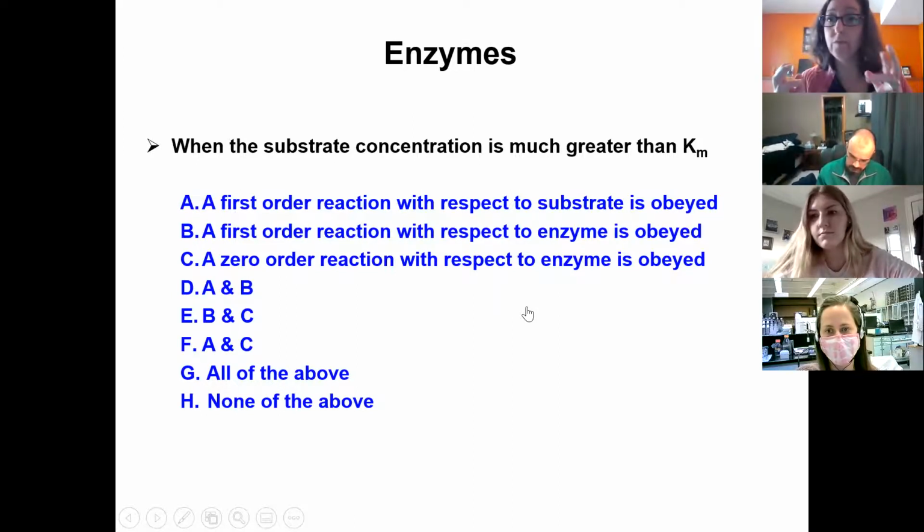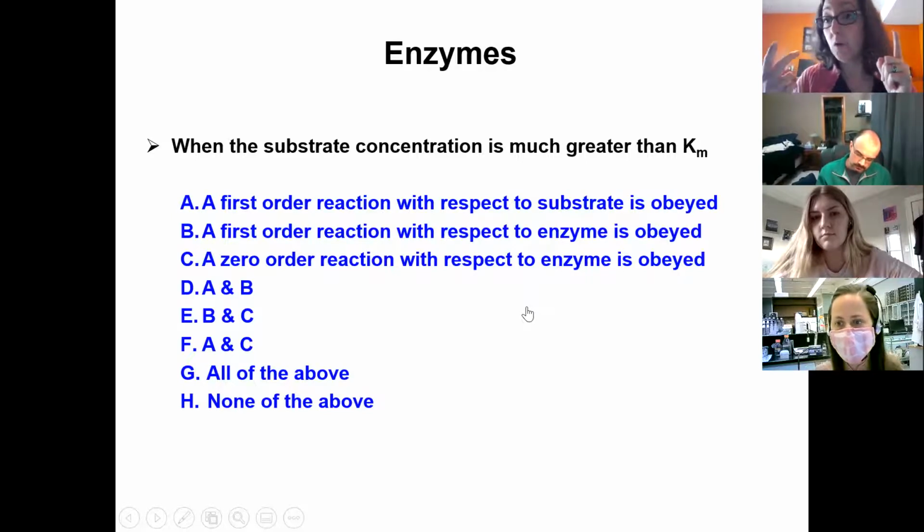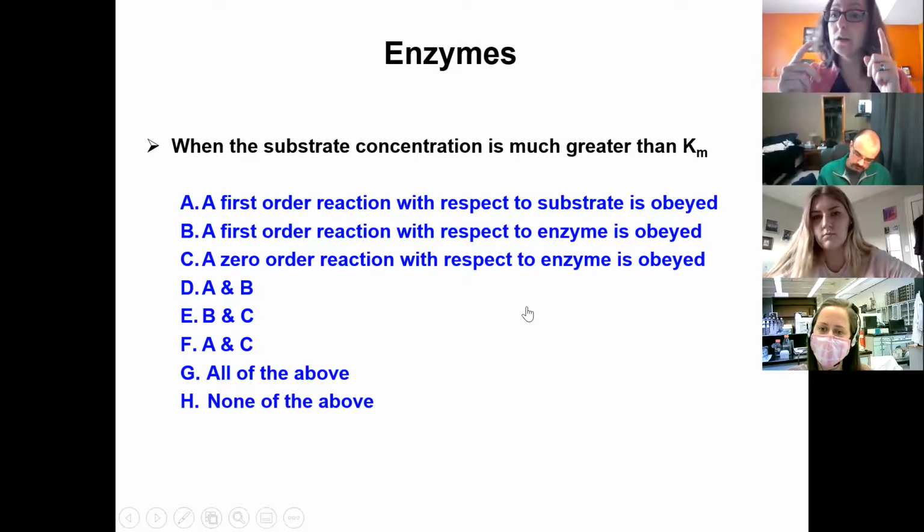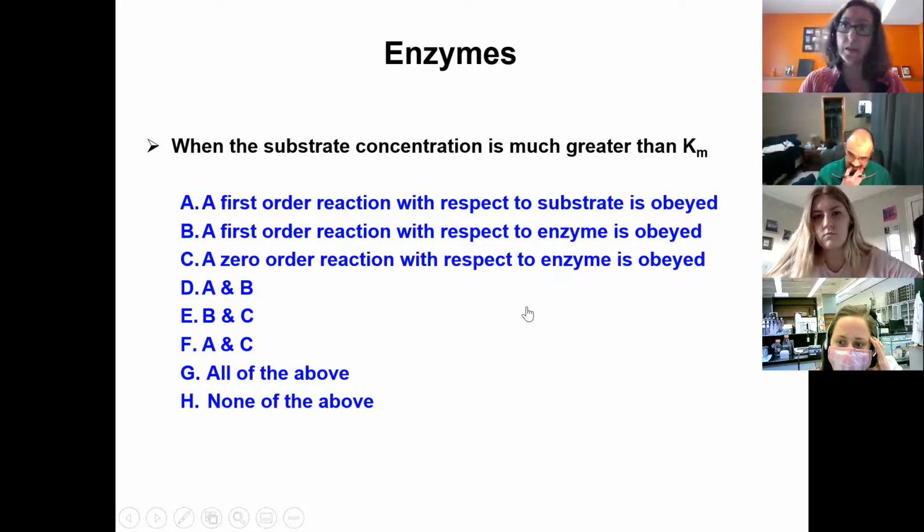So if we have two substrates and one enzyme, and substrate A has lower Km than substrate B, then the rate of the reaction goes faster at the same concentration for substrate A than substrate B. So it tells me the affinity. The higher the affinity, the lower the Km. And we're going to talk about this a lot more later.